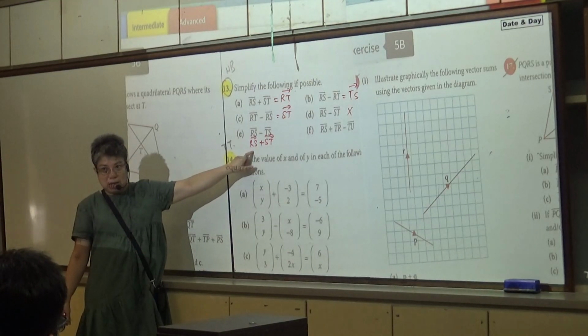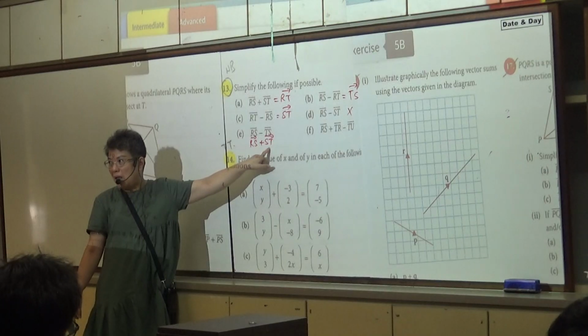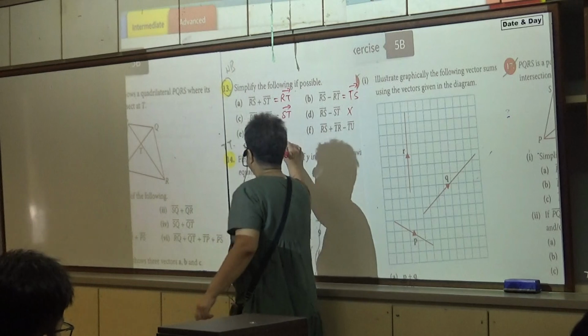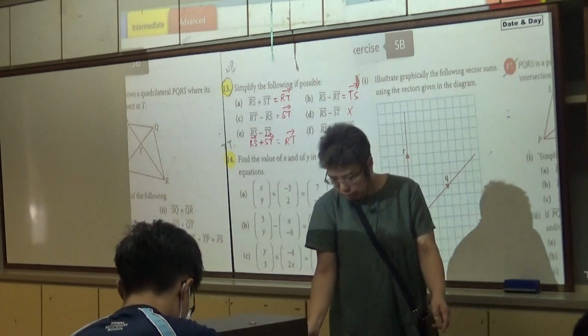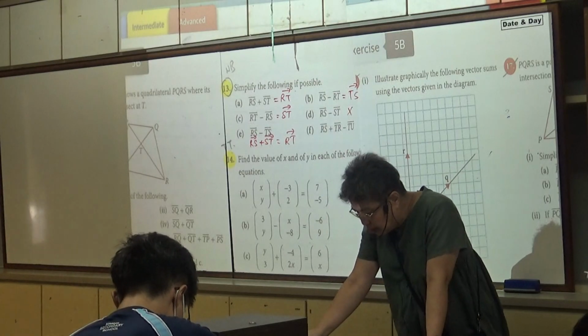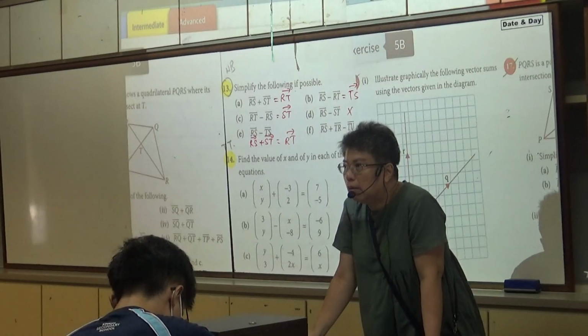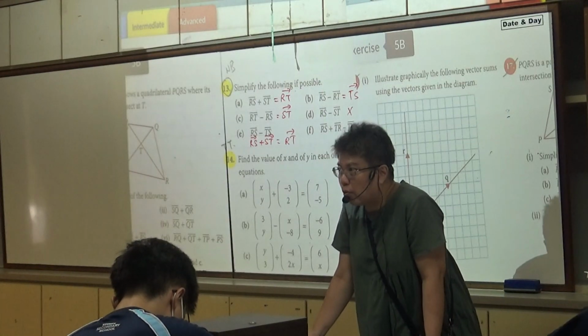Is that clear? Now, can you see that negative TS is actually ST? So after I write this, what's the answer? RT, yes. This is the one that needs a lot of thinking. That's why just now I told you about that. It's because of this type of question.